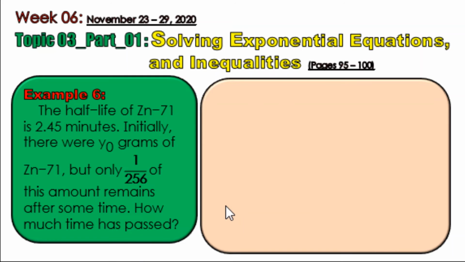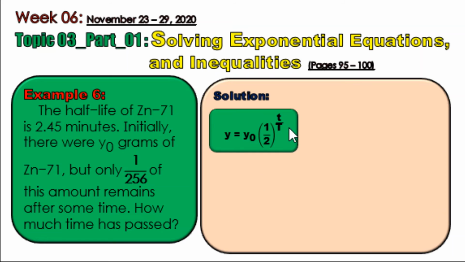Okay, so for the solution, if you can still remember the formula for half-life, y is equal to y sub 0 times 1/2 raised to capital T over T. So if you have time, go back to our previous video about half-life. Remember that y sub 0 is the initial amount.